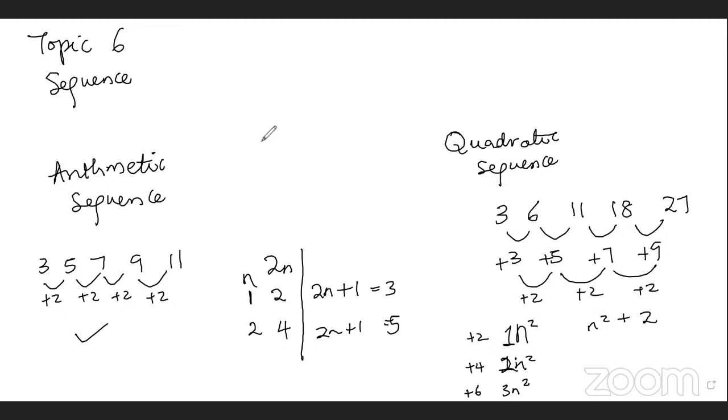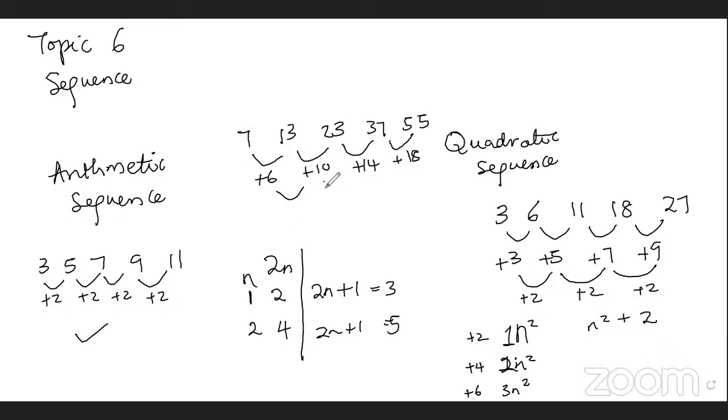Another example would be 7, 13, 23, 37, and 55. Here, the first difference when you look at it is adding 6, adding 10, adding 14, adding 18 on this one.